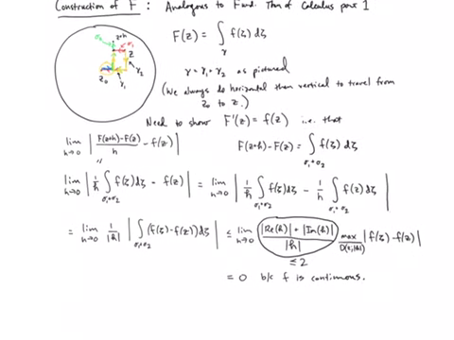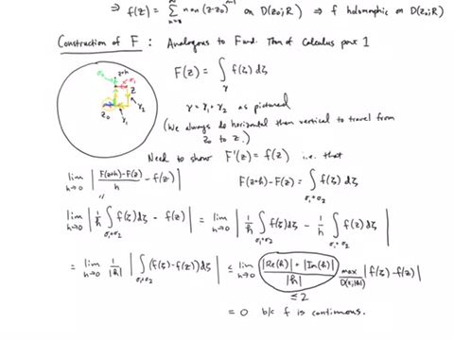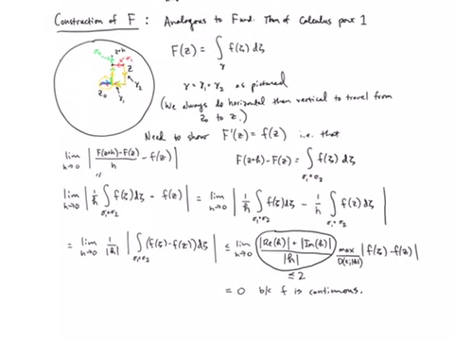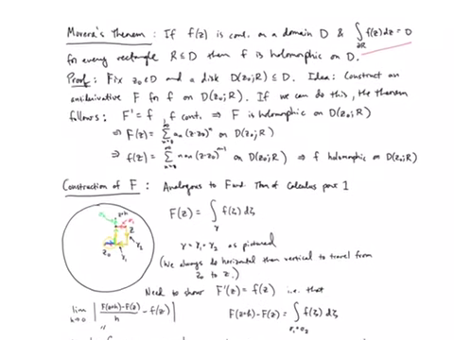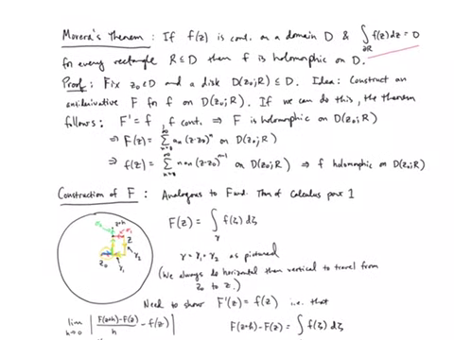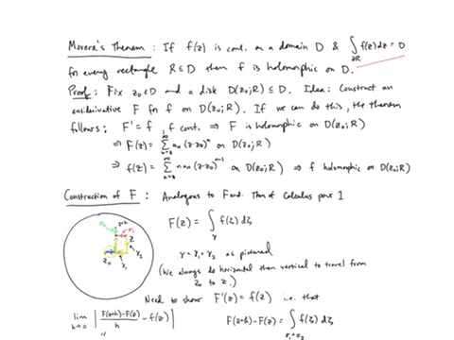Okay, and that completes the proof that the derivative of capital F is equal to small f. And then as I summarized above, that implies Morera's theorem, that this function f goes from continuous to holomorphic just by knowing that the integral around the rectangles is equal to 0.